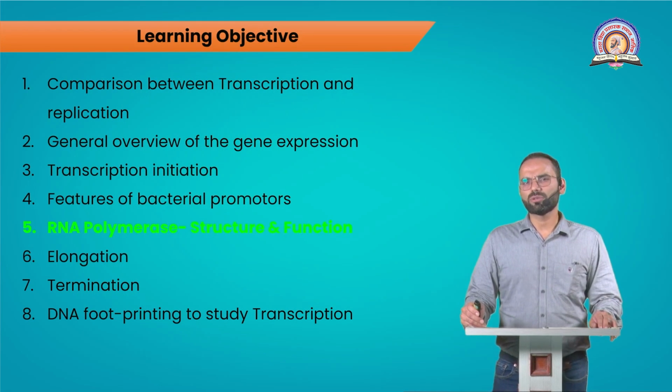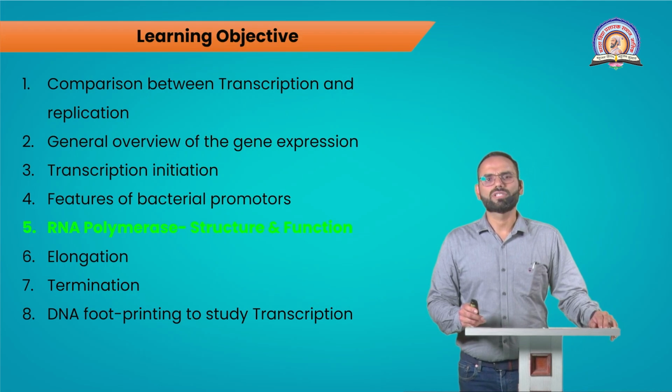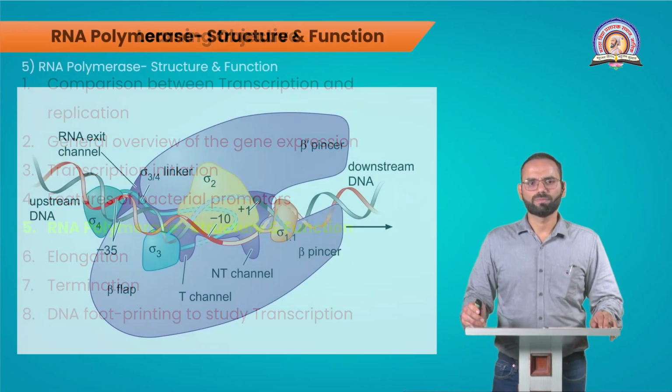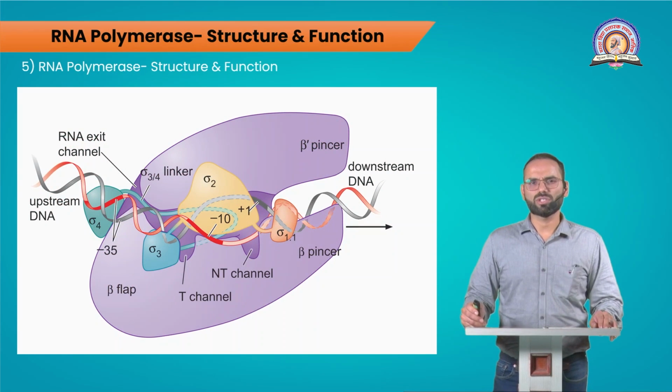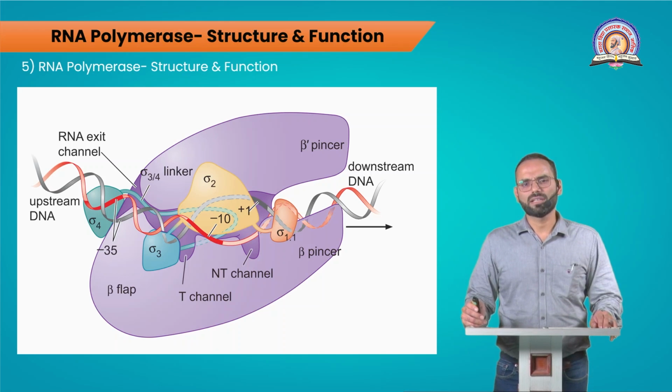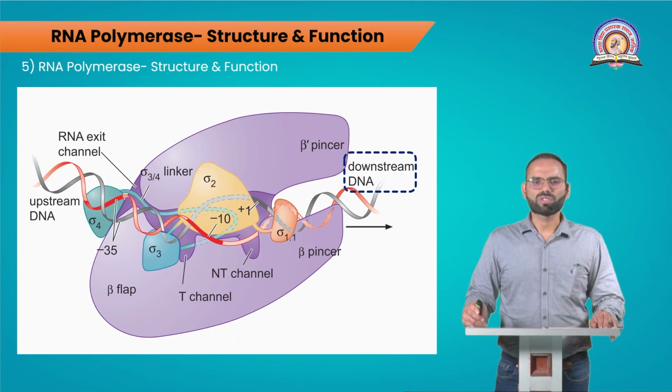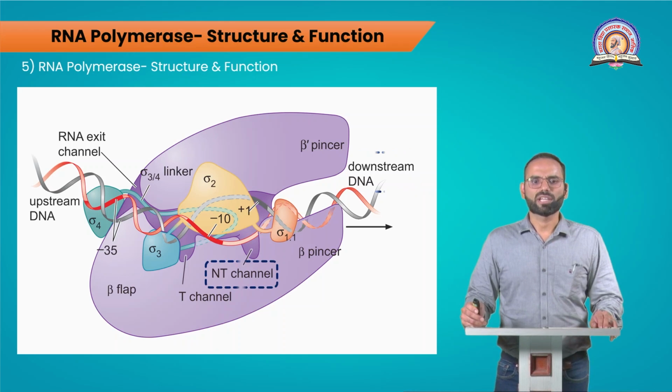So let's look into the details of an enzyme which is important to catalyze the transcription, that is RNA polymerase. RNA polymerase is a huge protein, and it has different regions across it where it catalyzes the entry of the downstream DNA molecule, and that is carried out through the beta pincer. It also has a non-template channel, so the non-template DNA strand is subsequently channeled through this pore.